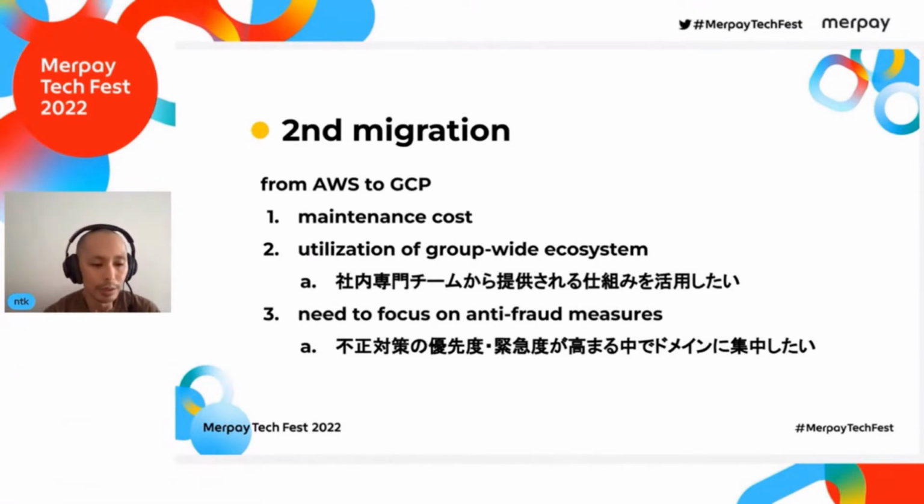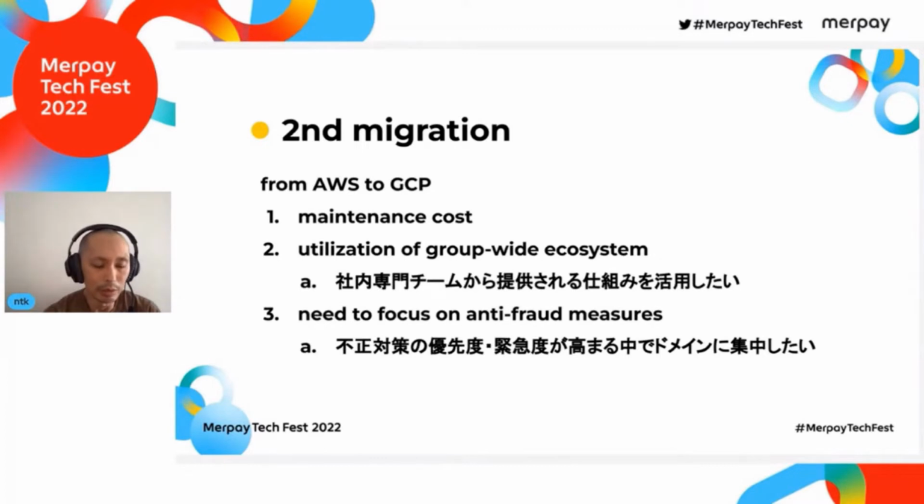The second migration was to migrate the data aggregation systems and operational systems on AWS to GCP. This happened this year. The reasons for the migration are just like the first migration to Splunk Cloud, as I mentioned earlier.